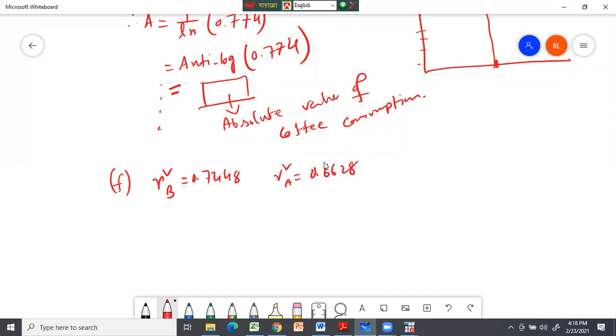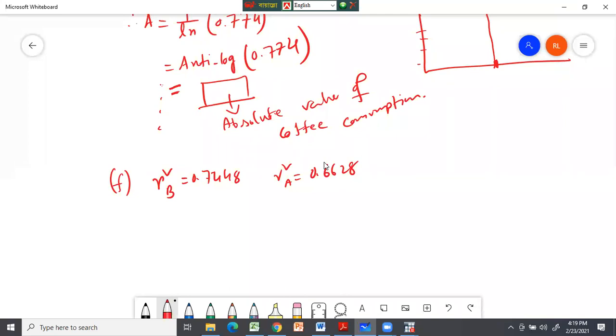This R square value is the coefficient of determination, which means the variation in your dependent variable, coffee consumption here, is explained by the movement of the price of coffee.